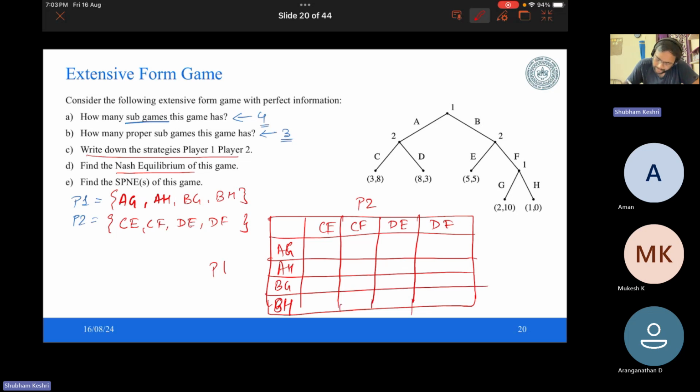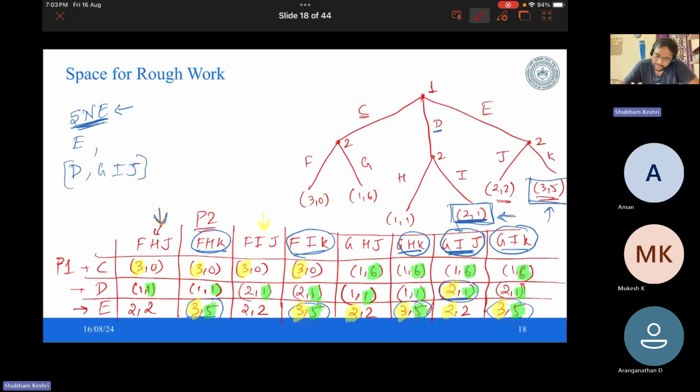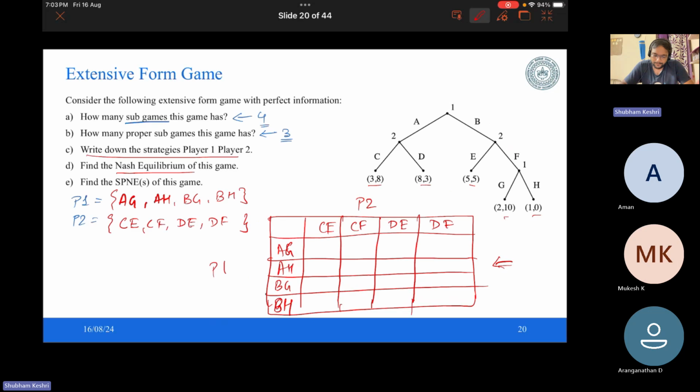Now we can write down the utilities. One thing you will identify very quickly is that this game table is not a very concise representation of a game. In the previous one you had 5 utilities written in 5 places, but in this game table you have 8 times 3, 24 places where you have to write utilities, and in many places the utilities will be repeated.